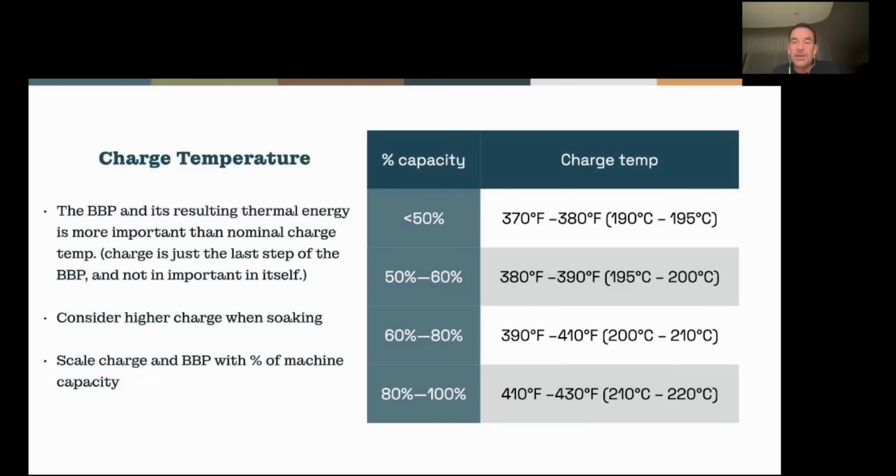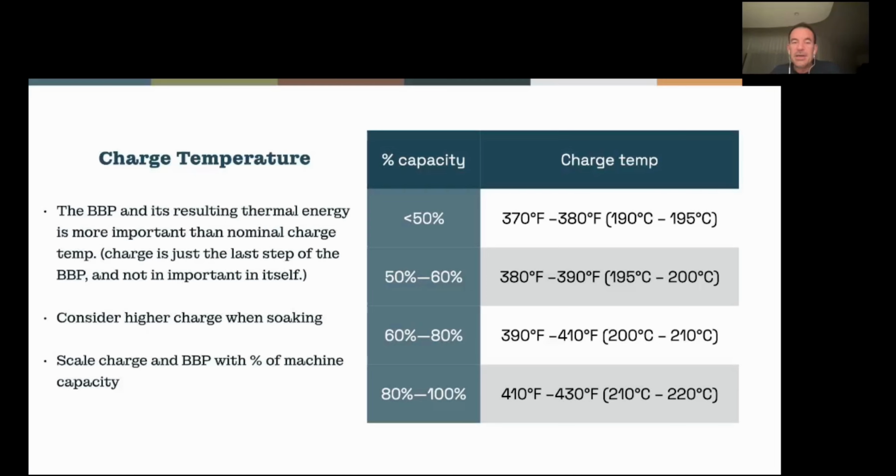So what matters when you charge is how hot the drum surface is, not the actual charge temperature, because the bean probe is just reading air, which has very little mass. And what we really care about is the drum surface temperature.